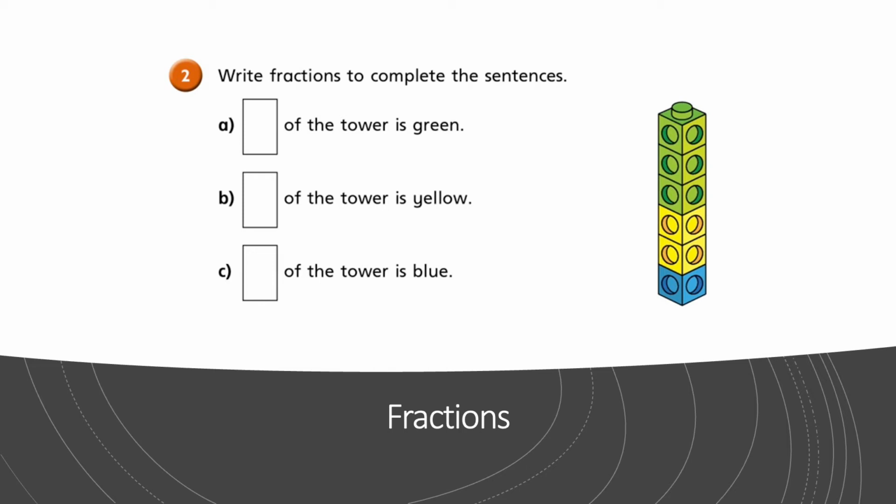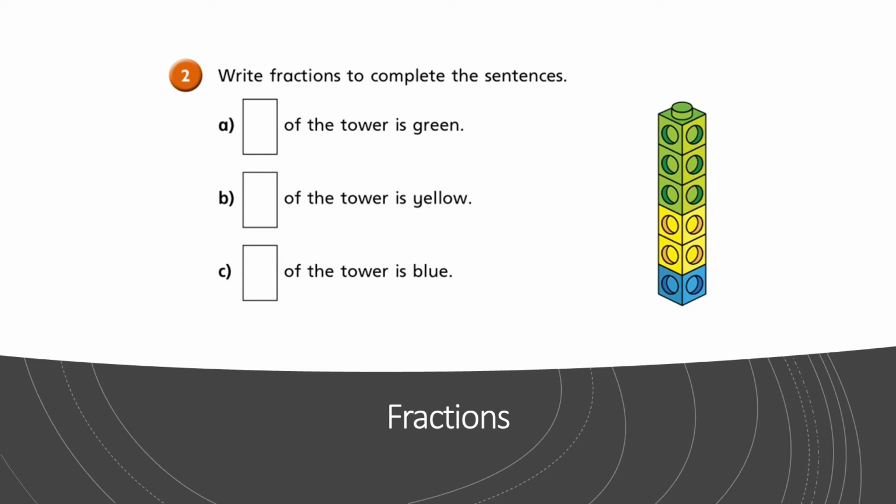So how many are green? Now you need to count how many cubes are green. 1, 2, 3. So it would be 3 over 6, or 3/6 of the tower is green.